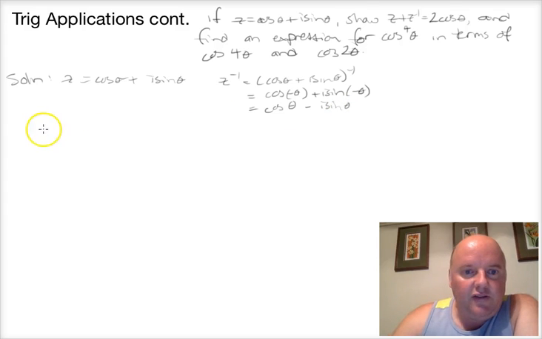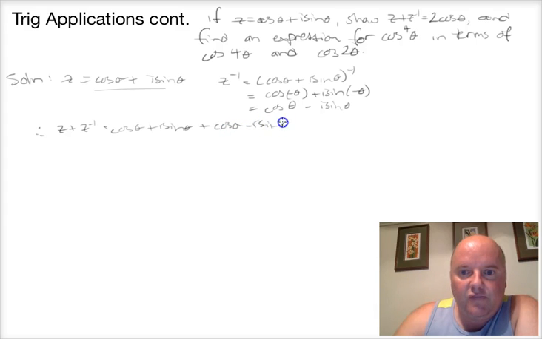So therefore z plus z to the minus 1 is going to be cos theta plus i sin theta plus cos theta minus i sin theta. We add them together and we get 2 cos theta. And that's what we're asked to prove.